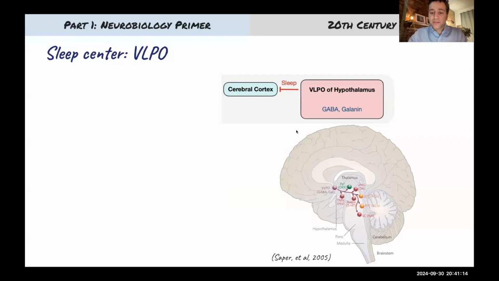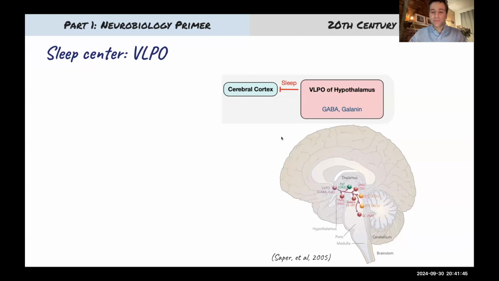The hypothalamus, and in particular, more recent research has revealed that the ventrolateral preoptic nucleus, the VLPO, in the hypothalamus, is a fundamental piece of sleep-wake neurocircuitry. GABA, and to some extent galanin, projections from the VLPO throughout numerous regions in the brain are inhibitory and stimulate a state of sleep.